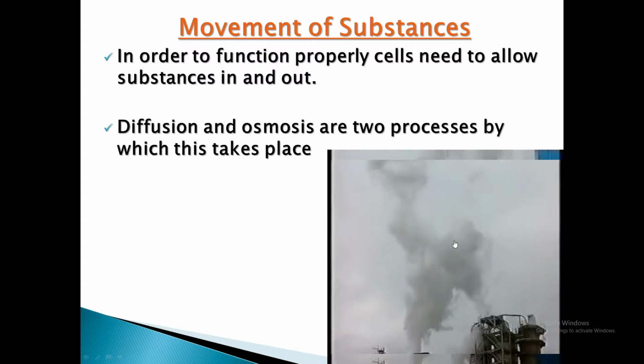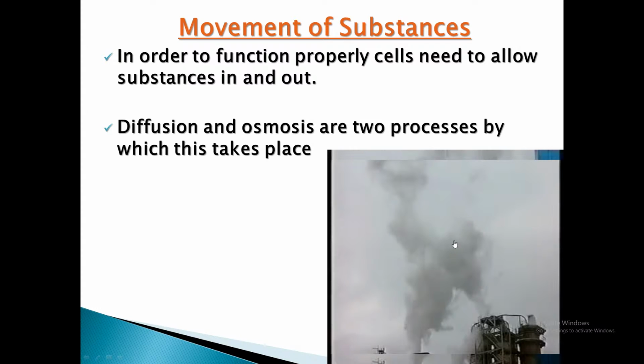That is the only way the human body can get all the needed components. Diffusion is basically the movement of particles in terms of gas, for example, while osmosis mostly deals with the movement of liquid, anything in terms of water.